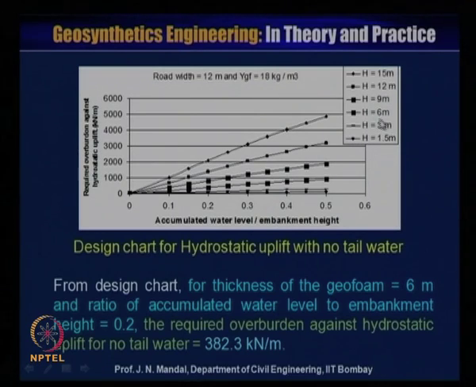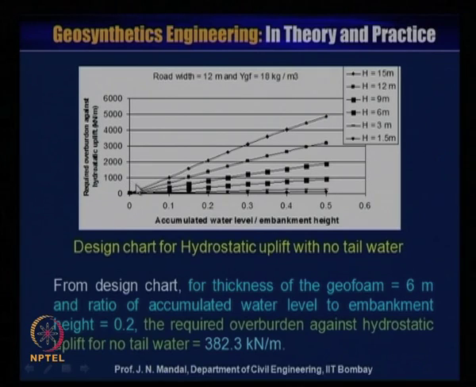If the height of the embankment is 6 meter and the ratio of accumulated water level to embankment height is 0.2, it is here 0.2, then the required overburden against the hydrostatic uplift for no tail water. So, from 0.2 you move to the 6 meter height of the embankment.